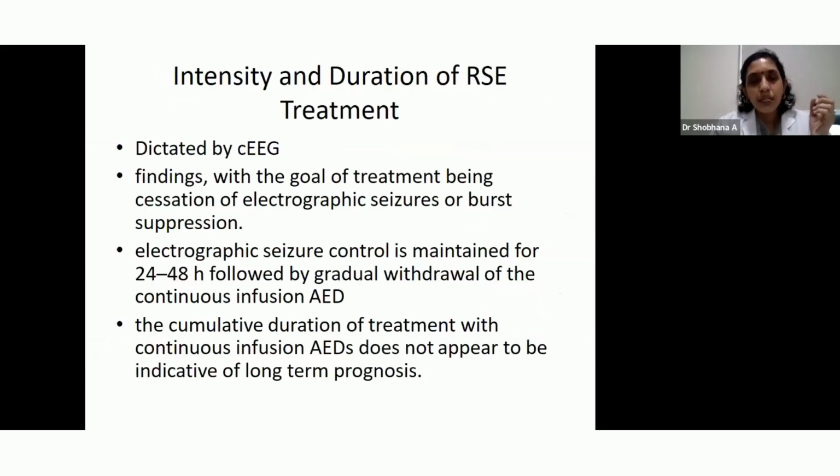And actually, you need a continuous EEG to find out how you will stop, because sometimes, even if there are discharges on the EEG, but the patient is clinically stable, we do not overtreat, right? If the seizure control is for 24 to 48 hours, then you slowly withdraw the continuous infusion of midazolam or propofol, and you add on the other maintenance dosage of the other drugs like levetiracetam, lacosamide, etc.